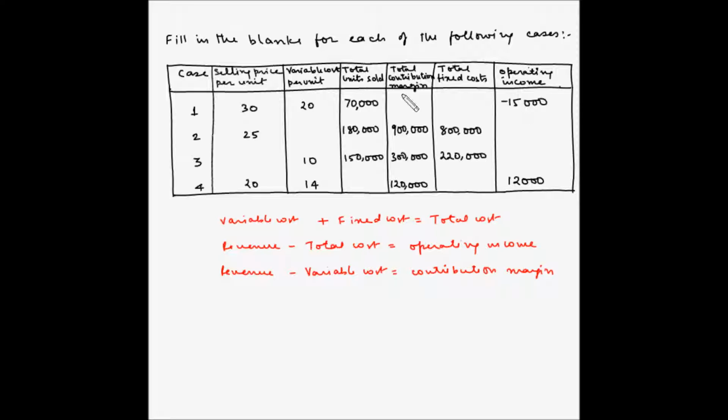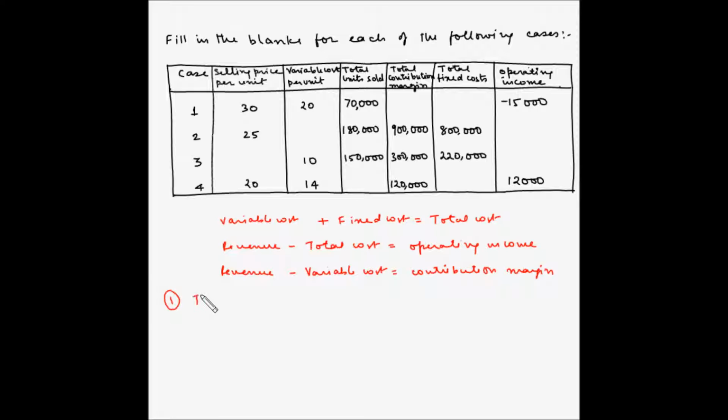minus 15,000. So the total contribution margin will be equal to the revenue, that is the overall total revenue, minus the total variable cost. So the total revenue will be equal to the selling price per unit multiplied by the total number of units sold. So let's find out these values.